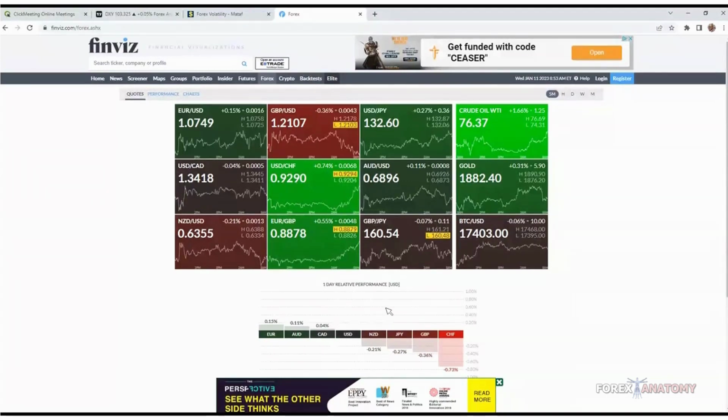But right now we're looking at the currency heat map. We're seeing that the two strongest currencies for the session are the euro and the Australian dollar, which is pretty interesting because we did get some data coming out of Australia on their CPI. Their CPI is sticky. It's still high at like 7.2% year over year. It's not coming down.